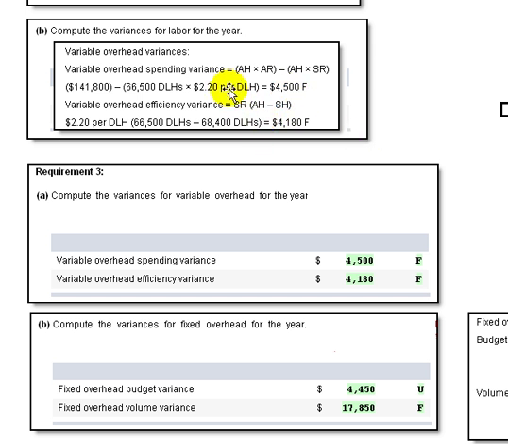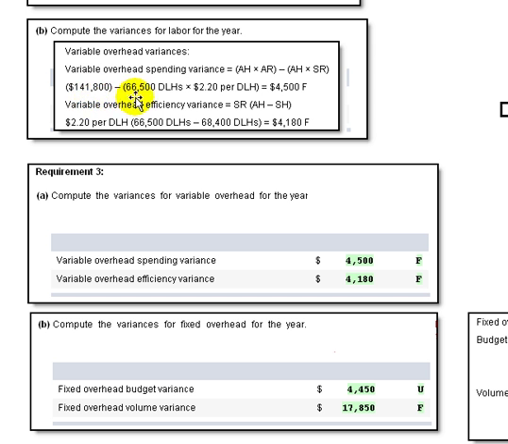The variable overhead spending variance is equal to the actual hours times the actual rate minus the actual hours times the standard rate. So another way of saying that is it's the actual hours times the difference between the actual rate and the standard rate, right? You can rearrange the terms to get that. So we know that variable overhead was given as 141,800.